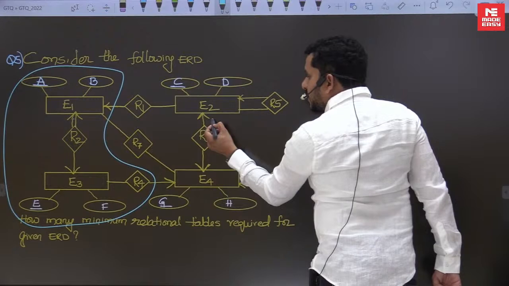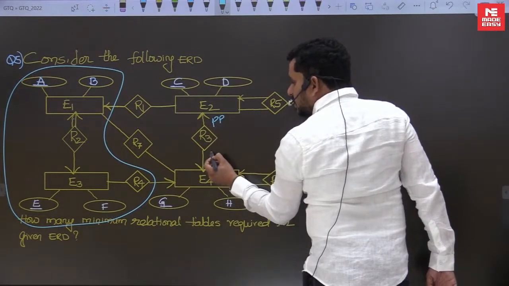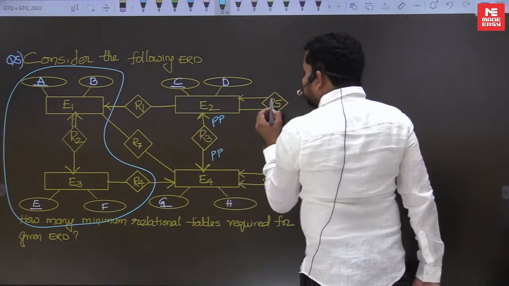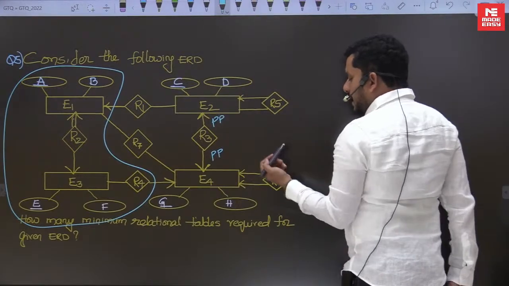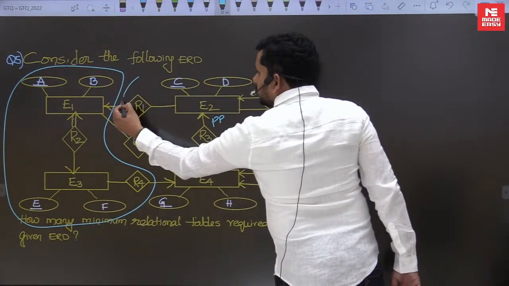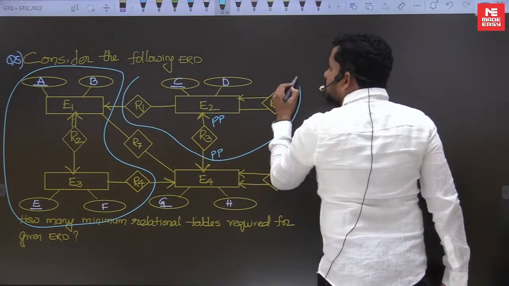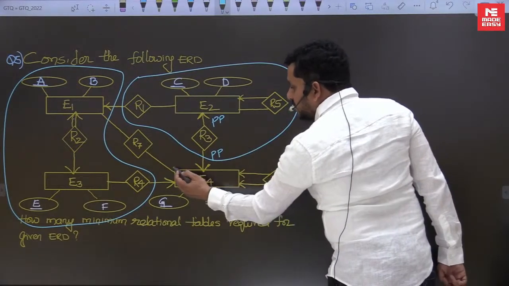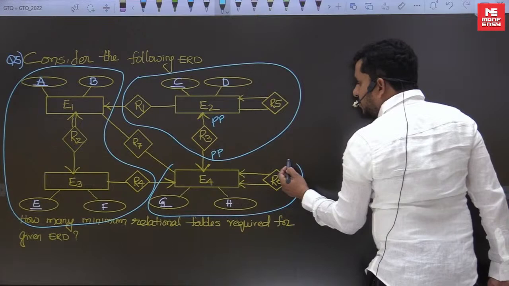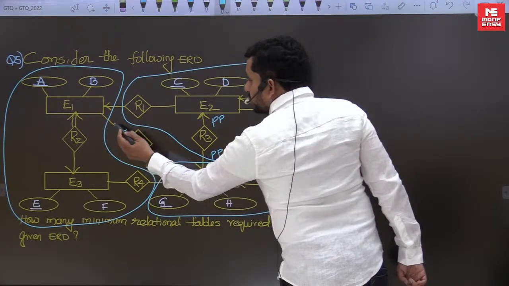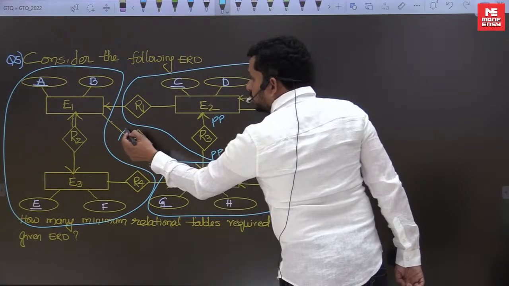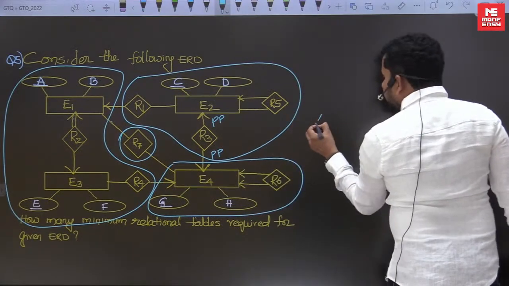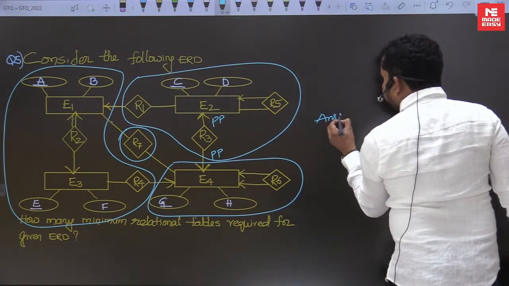In one-to-one with partial participation on both sides, entity sets are not allowed to combine, but the relationship can combine with either side. One-to-many self-referential can also be added into the entity set, so this portion becomes one more RDBMS table. One-to-one self-referential can combine with the entity set, so this is one other RDBMS table. And many-to-many with partial participation on both sides is a separate table. So 1, 2, 3, 4: a minimum of 4 relational tables is required.